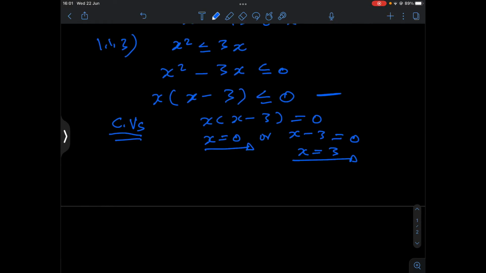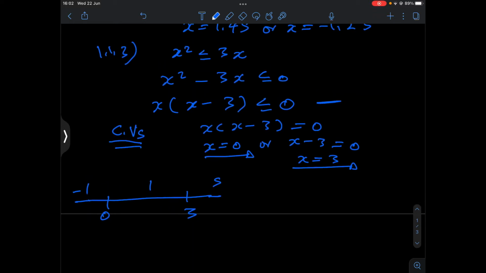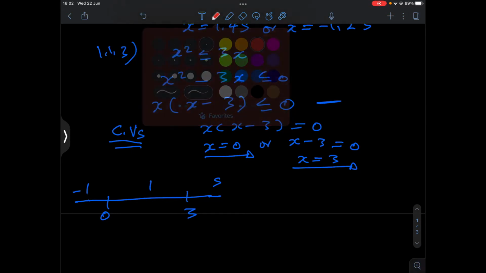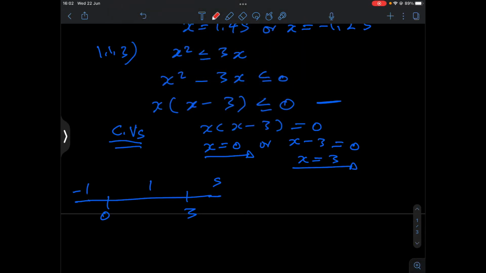The number line: we have 0 here and we have 3 here, and we are going to test random numbers that are less than 0, between 0 and 3, and greater than 3. Less than 0 we can try -1, between 0 and 3 we can try 1, above 3 we can try 5.